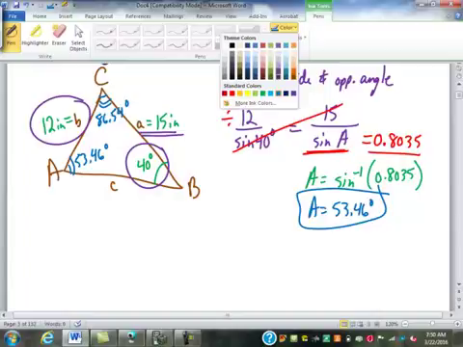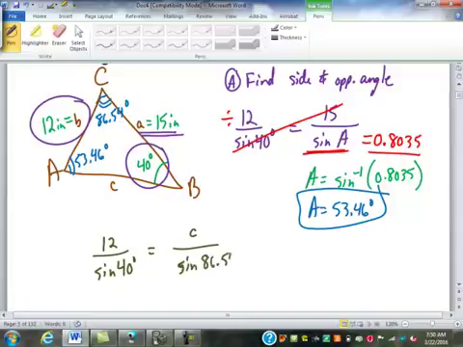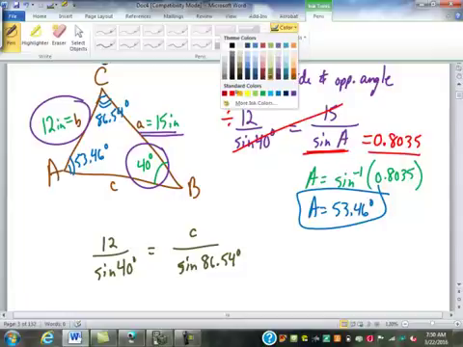So now I can find side C. I've got my 12 over the sine of 40 still. Side C over the sine of 86.54 degrees. And I can cross multiply and divide.